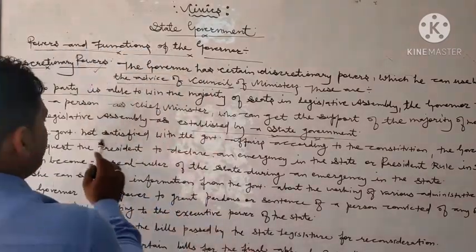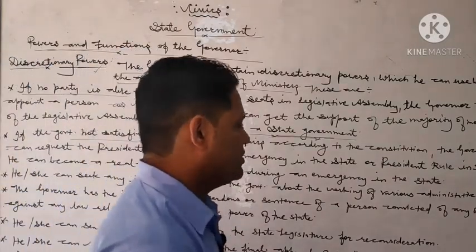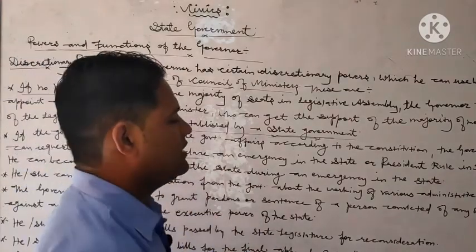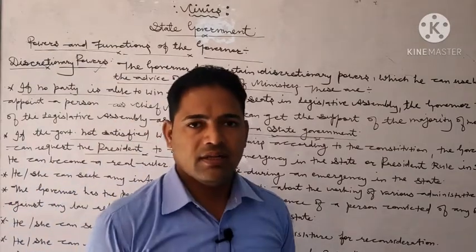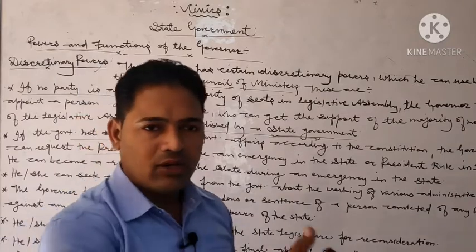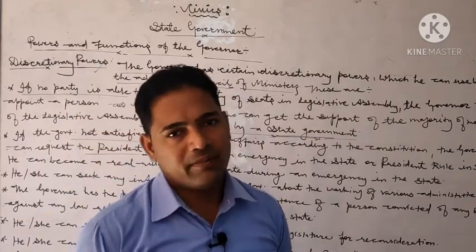Number 2, if the governor is not satisfied with the government affairs according to the constitution, then the governor can request the president to declare an emergency in the state, or president rule in the state. You have seen one or two months ago what kind of situation there was in Rajasthan, that no government was stable.